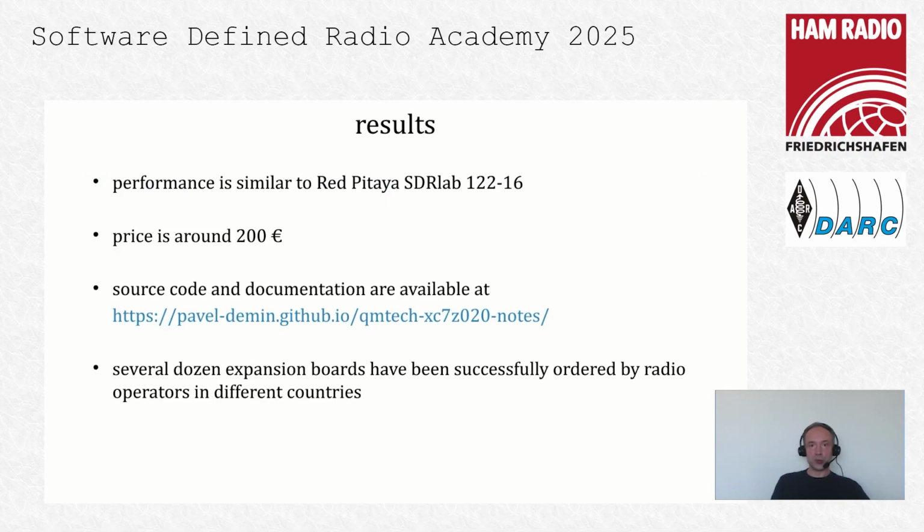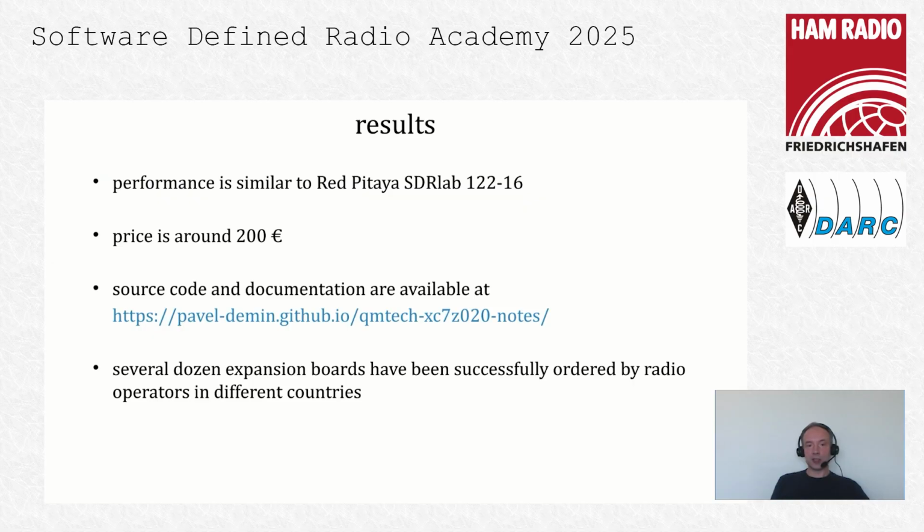So to conclude this first project, the performance of this system is similar to the Red Pitaya SDR Lab. The price is a few times lower. It's around 200 euros. All the source code and documentation are available at the link shown on this slide.